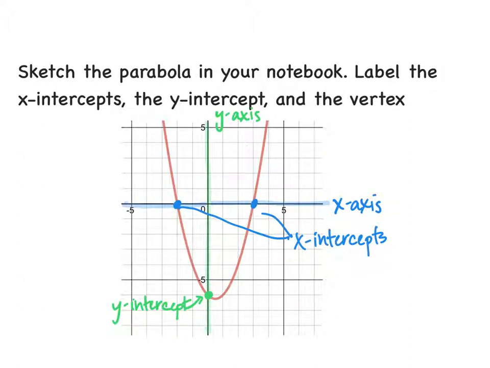And lastly, also very close to the y-intercept, unfortunately, is the vertex. The vertex is the lowest or the highest point on the graph, so it's where it turns around. And that's a big focus of what we're going to be doing today, is finding that vertex and building the rest of the parabola around it.